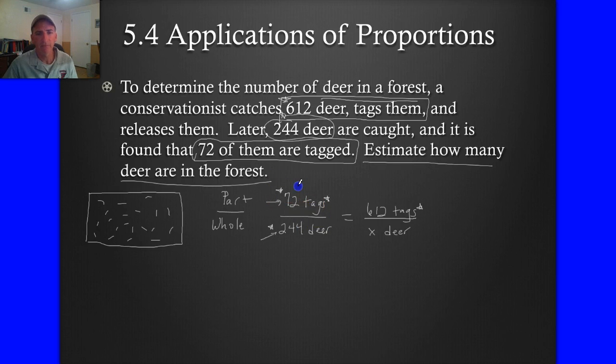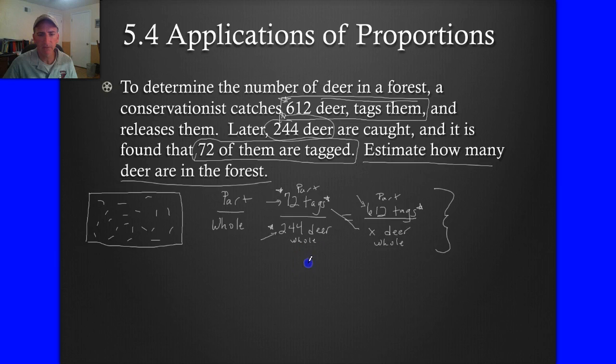If the part of the sample they took was 72 tags out of 244 total, then if the part was 612, which is all of the tags, what would the whole be in that proportion? That's how they're coming up with this estimate. Now you have your proportion, and we're just going to crisscross multiply and solve the problem.